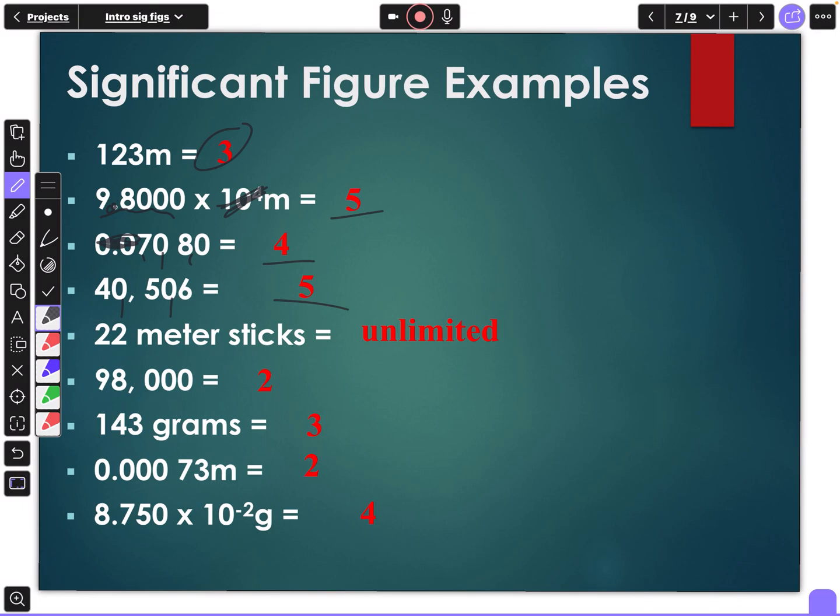Next, if we look at 22 meter sticks, that is counting something, so that would be unlimited. And next, 98,000. I know that the 9 and 8 are significant because they're non-zero numbers. These last 3 zeros are not significant unless there's a decimal. There's no decimal in there. That's a comma. So they would not be significant. This would only be 2 significant figures.